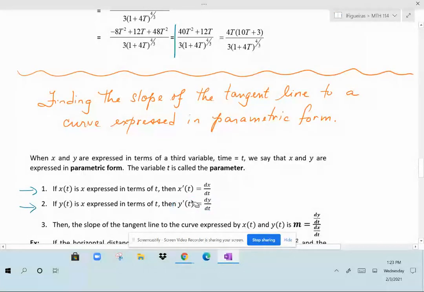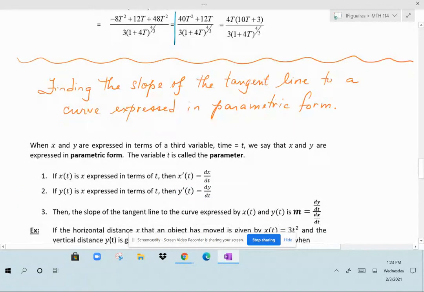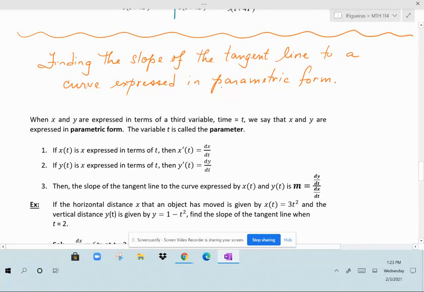So when you have a function expressed in terms of x of t and y of t, in this parametric form, when you're asked to find the slope of the tangent line to that curve, then your slope will be dy/dt divided by dx/dt. So it's basically the ratio of these two.